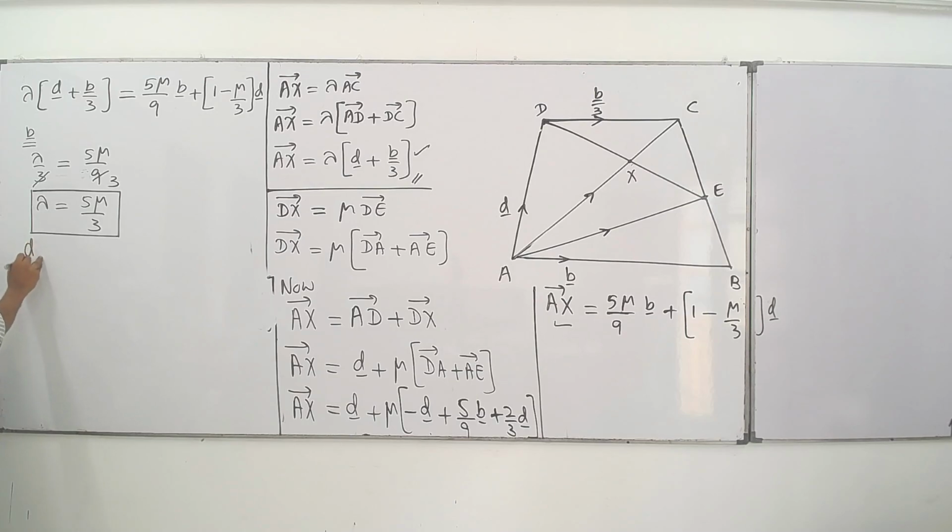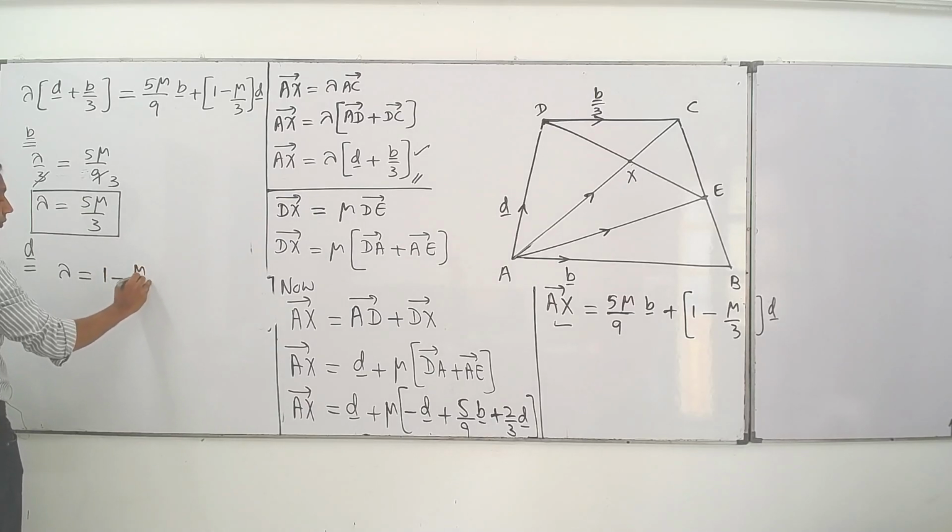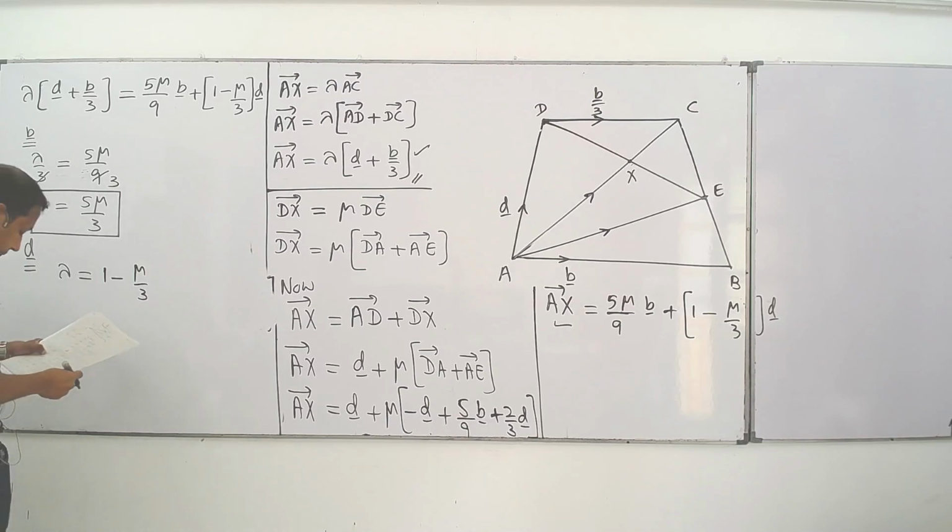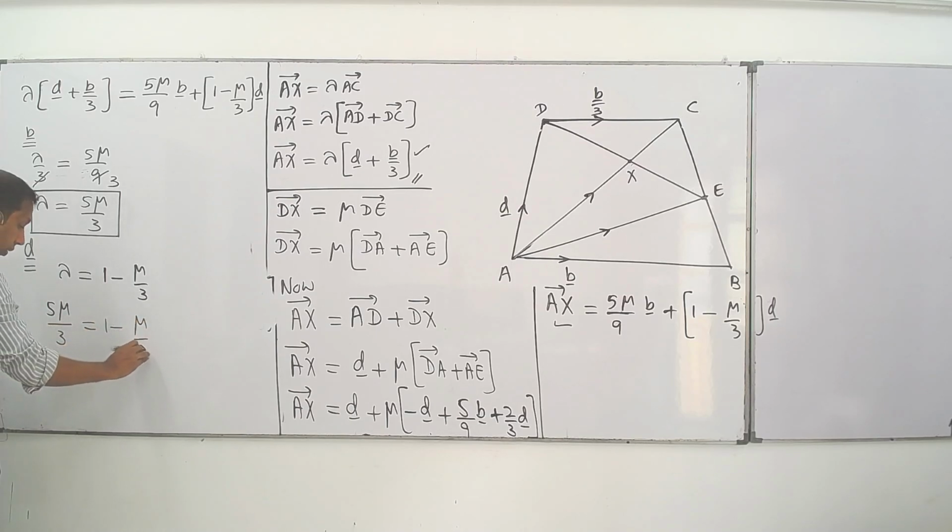D coefficients, when we equate, lambda on the right hand side is 1 minus mu by 3. Okay. Then here we can solve. I can put this lambda here, 5 mu by 3 equals 1 minus mu by 3.